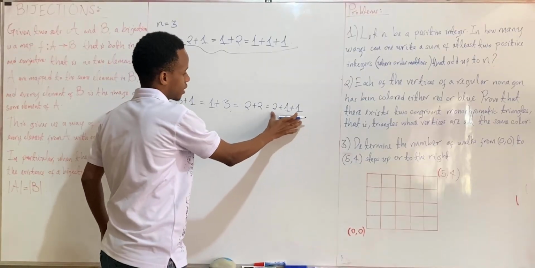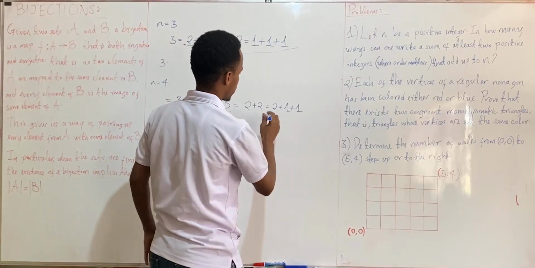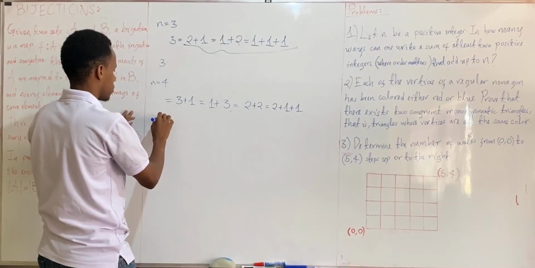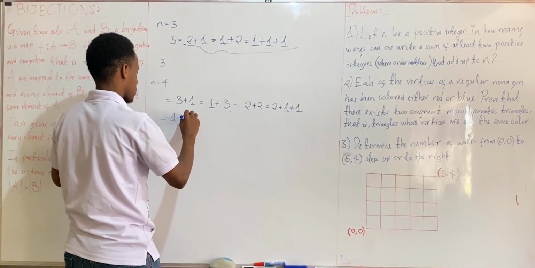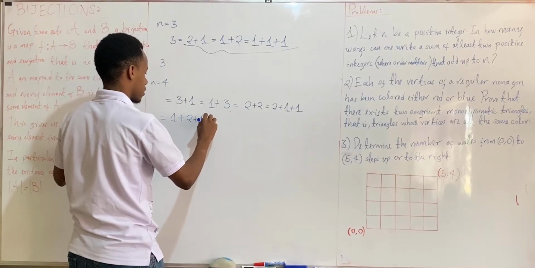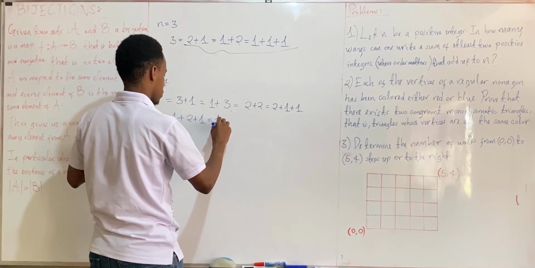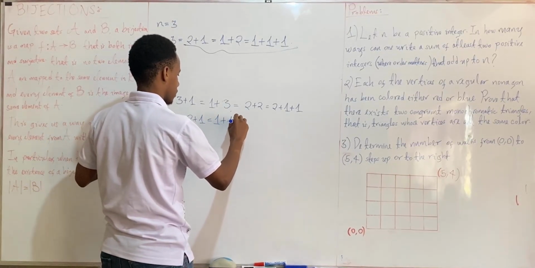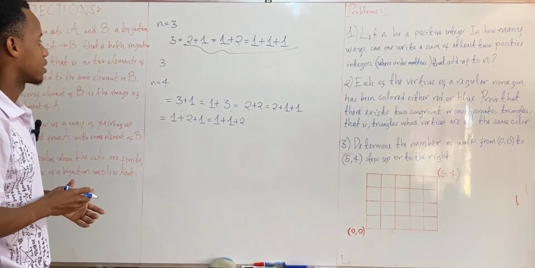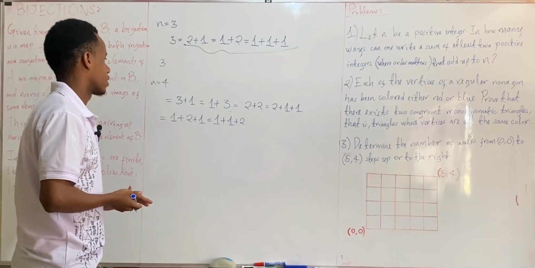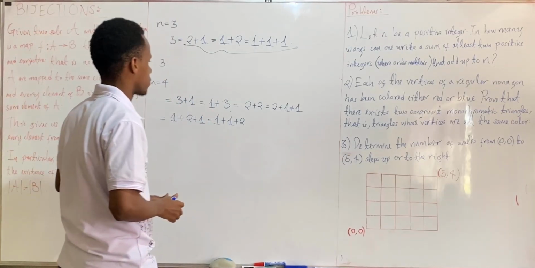And again, from this partition, we can try to rearrange the ones we have here. We can express this as 1 plus 2 plus 1, and also as 1 plus 1 plus 2. So all these are just different ways of expressing 4 as a sum of at least two positive integers.